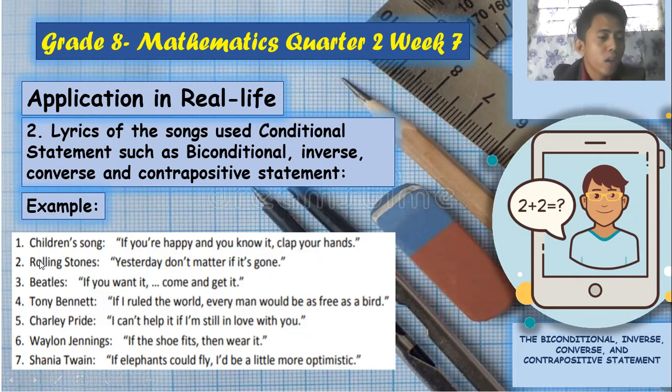These are sets of songs with common conditional statements such as biconditional, inverse, converse, and contrapositive statements. We have the Rolling Stones, the Beatles, Tony Bennett, Charlie Pride, Waylon Jennings, Shania Twain.